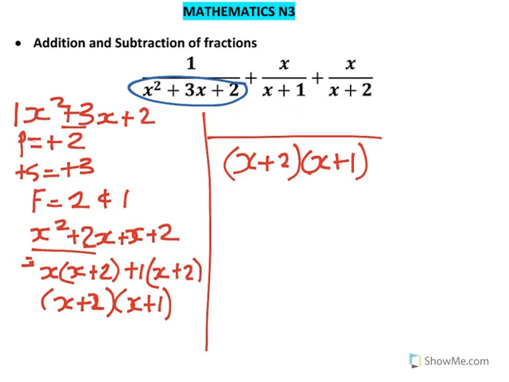If you now say, you are adding it now, it is this x squared plus 3x plus 2, which has become x plus 2, x plus 1, into, you'll get a 1, because this is same as that. You'll get a 1, 1 times 1, plus x plus 1 into x plus 2, x plus 1.